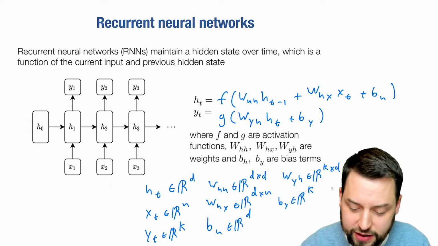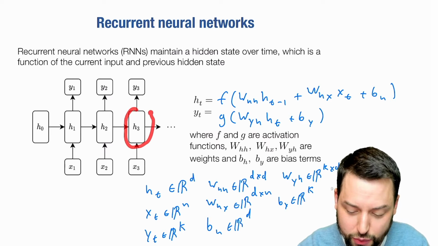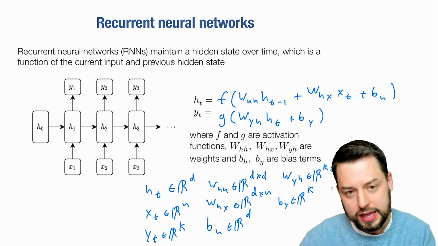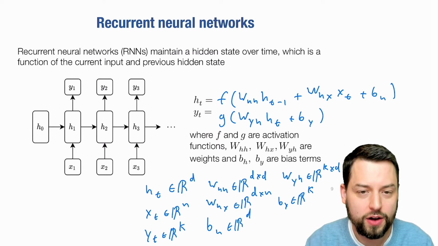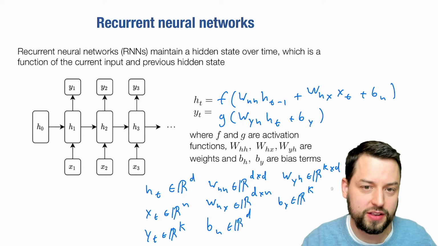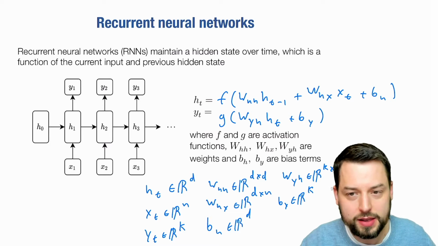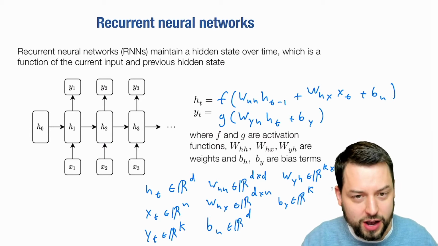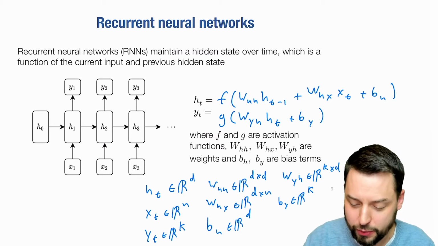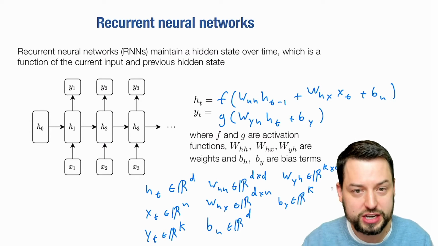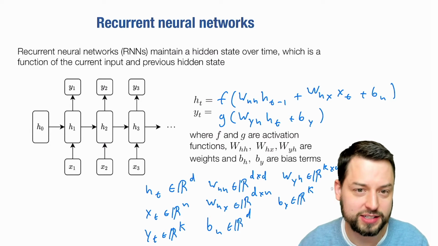So this hidden state can summarize all the information up until that point in the sequence. If we do a good job of learning this recurrent neural network, the hidden state should capture all the information we need to solve our prediction task at that point.